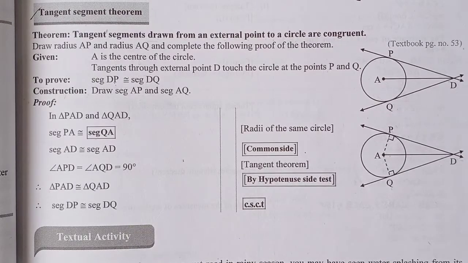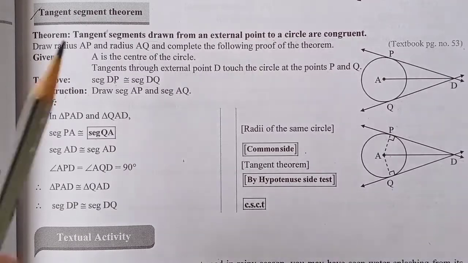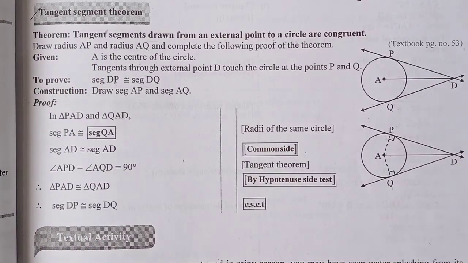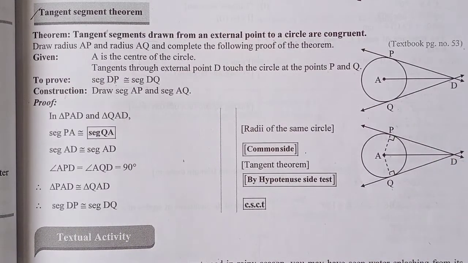The tangent theorem says a tangent at any point of a circle is perpendicular to the radius at the point of contact. Then the converse says a line perpendicular to a radius at its point on the circle is a tangent to the circle, and vice versa. And now the tangent segment theorem says that tangent segments drawn from an external point to a circle are congruent.